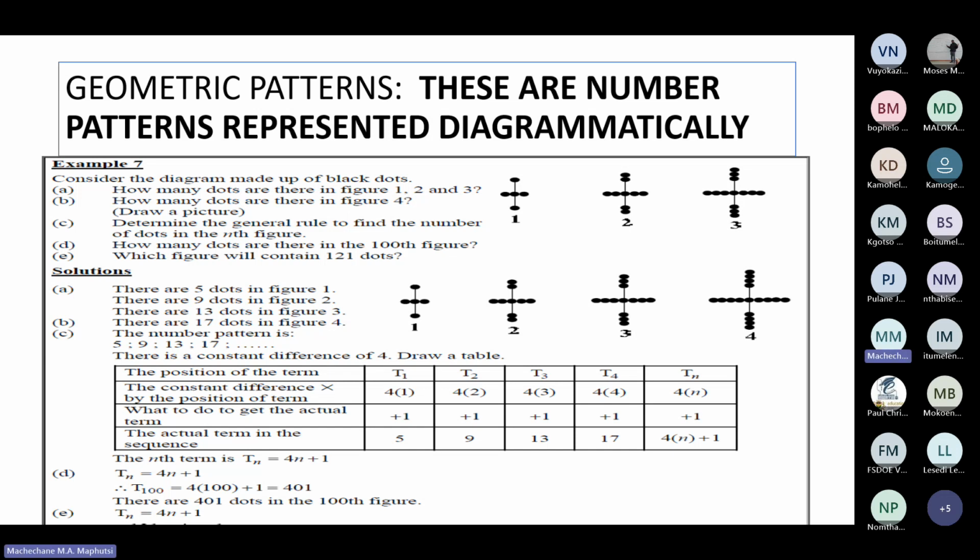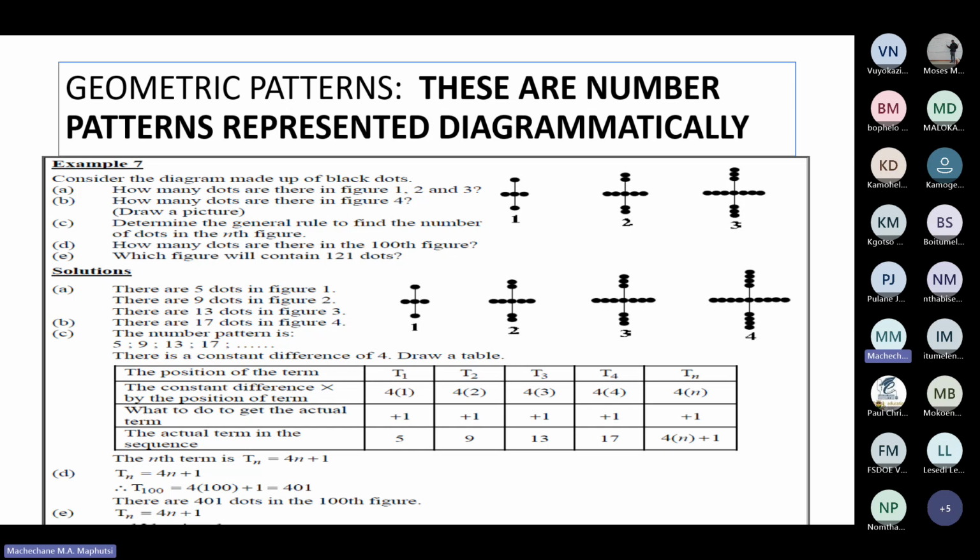So now this is what we have. We have some diagrams there, the second one, the third one. For you to be able to do that, you have to attach a number next to the pattern. What do we see there?